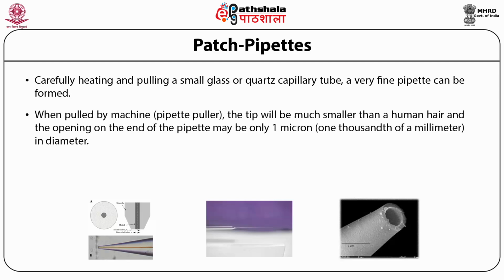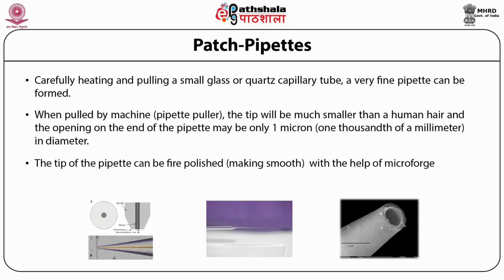When pulled by a machine or pipette puller, the tip will be much smaller than a human hair and the opening on the end of the pipette may be only 1 micron in diameter. The tip of the pipette can be fire polished, meaning making smooth, with the help of a microforge.